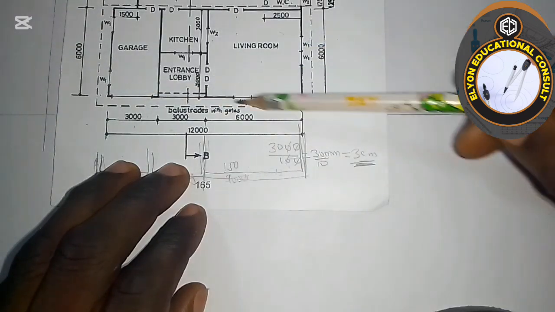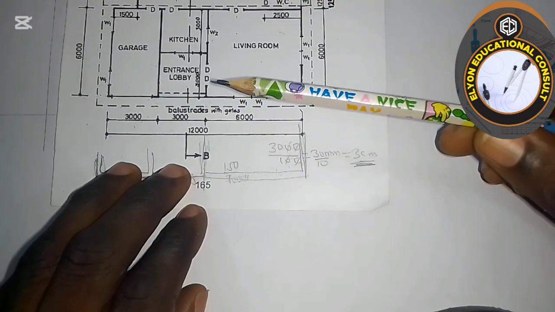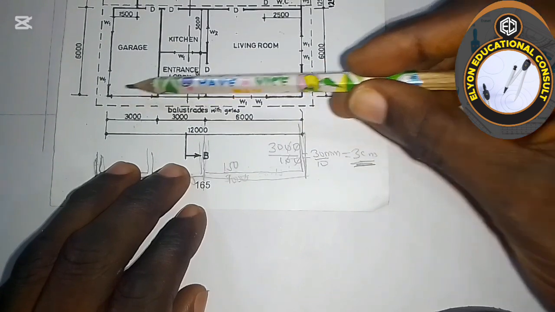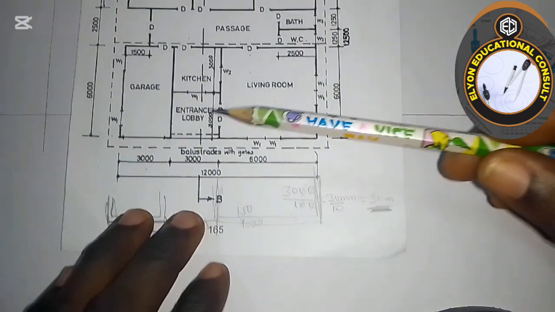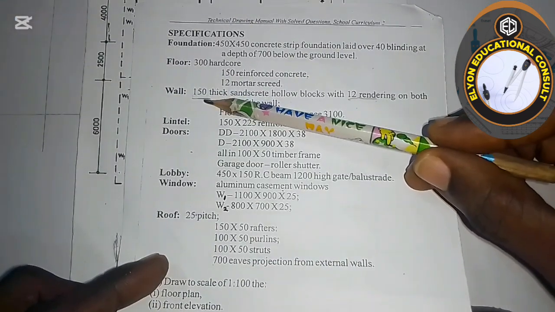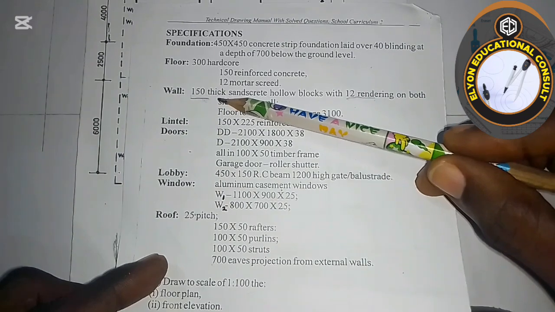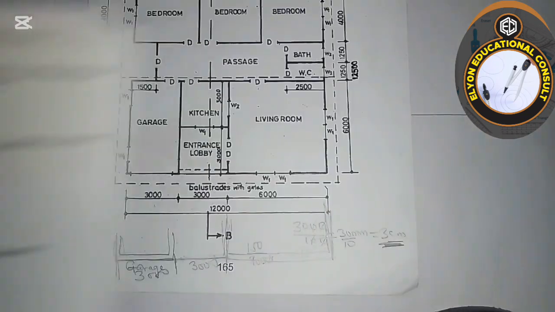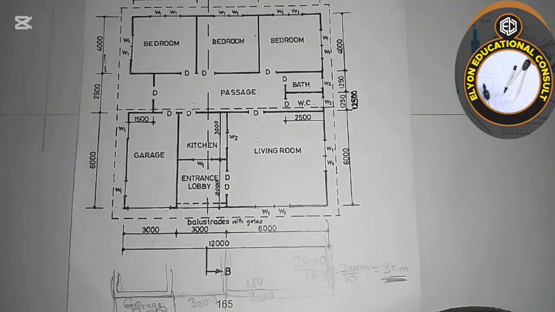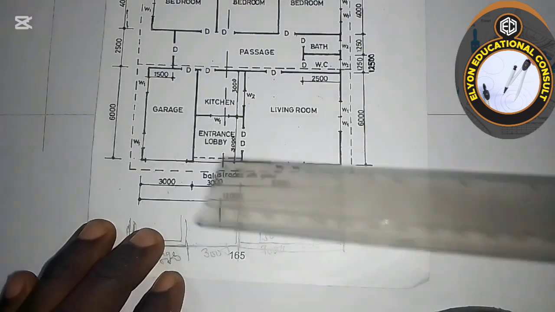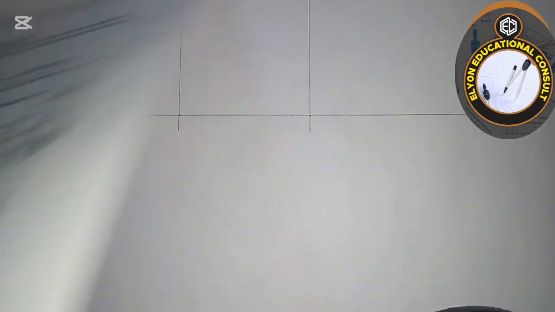The next thing we are going to do, after I've drawn each of these divisions, is fix in the wall thickness. I explained this in the introduction, so you can take a look at that. In order not to waste time, you can see we are given 150 as the thickness of the wall, 150 thick concrete hollow block. The dimension given, we are dividing by 1,000 straight away.